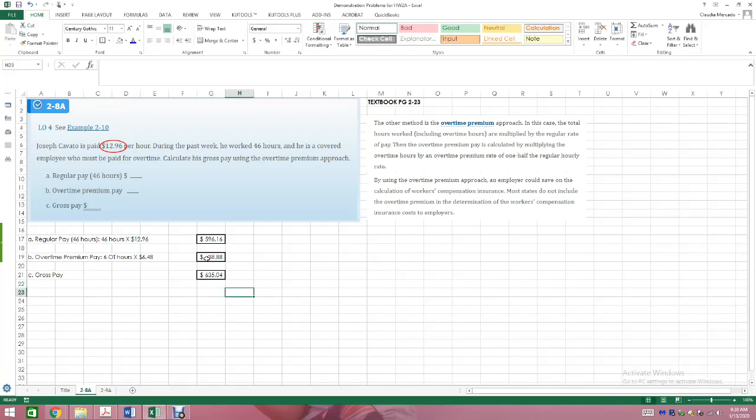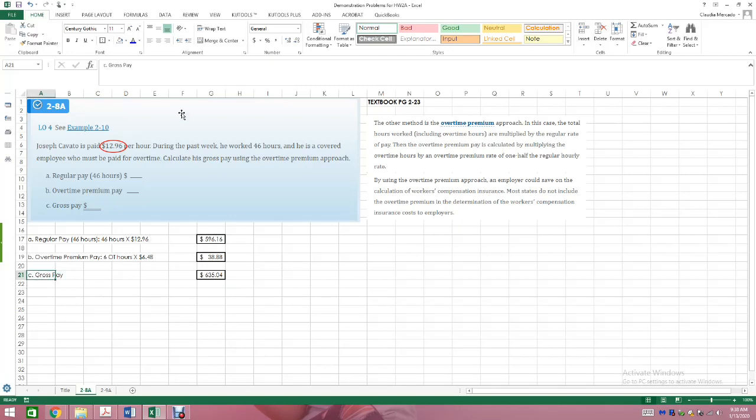The regular pay will include all of the hours, including overtime. The overtime pay is going to include only the overtime hours times half the rate of your regular pay, which is $38.88, and your gross pay is the sum of the two.